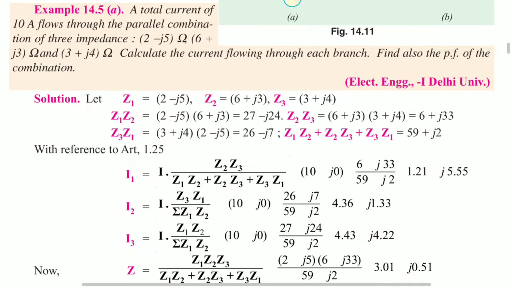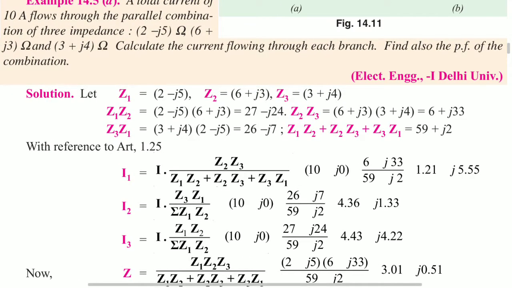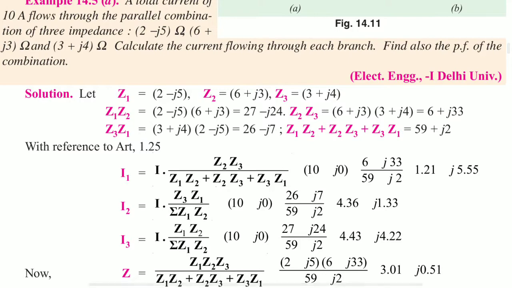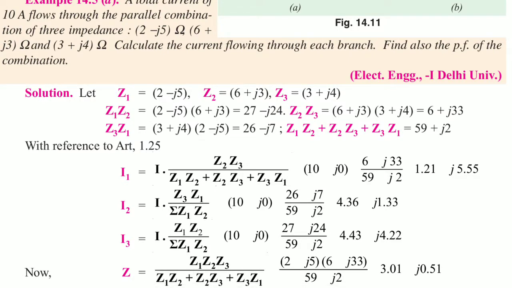Z1 into Z2 is 2 minus j5 into 6 plus j3, which is equal to 27 minus j24. Z2 into Z3 is 6 plus j3 into 3 plus j4, that is 6 plus j33.